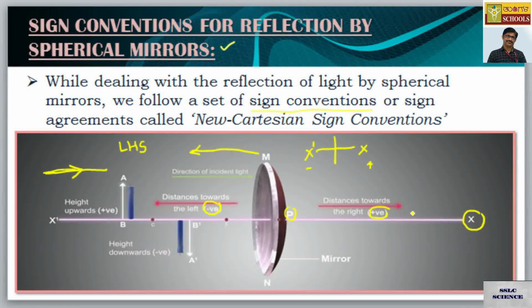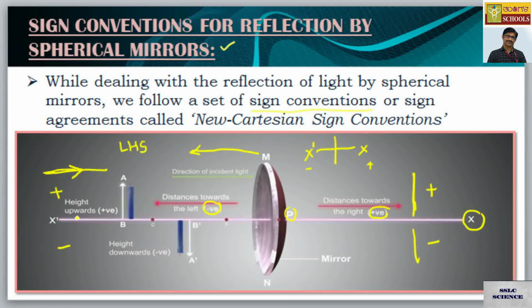If you are measuring a distance along the y-axis on this side, that is positive, and on this side, that is negative. So above the principal axis is taken as positive, and below the principal axis is taken as negative.